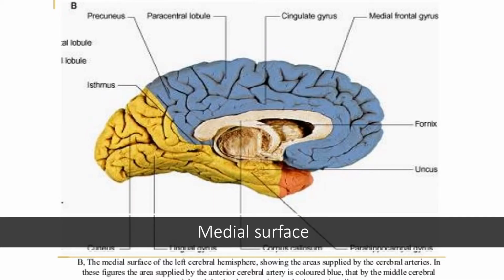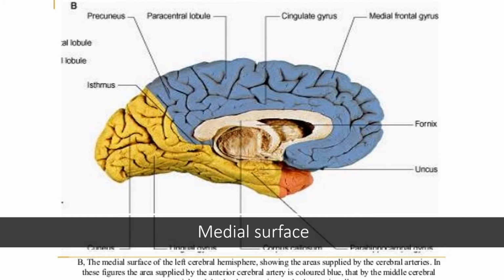Coming to the arterial supply of the medial surface, we have seen that most of the medial surface is supplied by the anterior cerebral artery. The region of cerebral cortex supplied by the anterior cerebral artery includes the parts of the motor and sensory areas which lie on the medial surface of the cerebral hemisphere, namely the paracentral lobule, which is concerned with the perineum, leg and the foot.